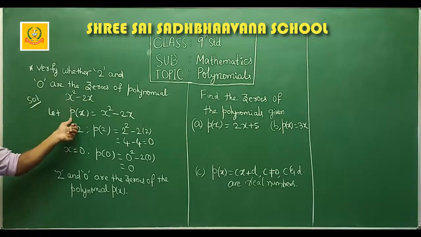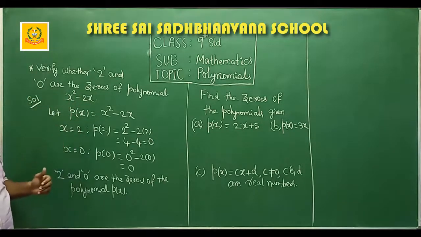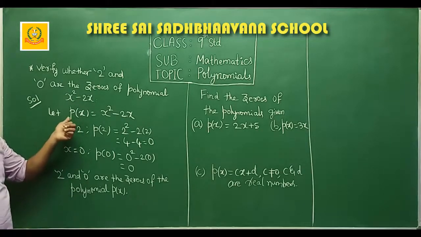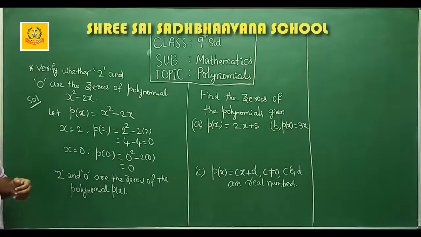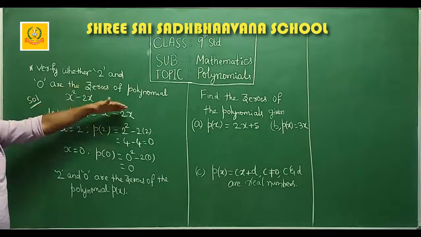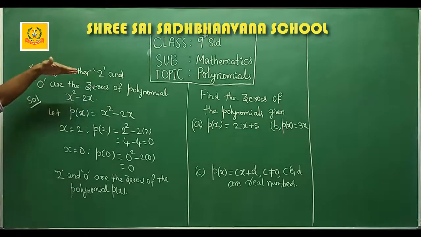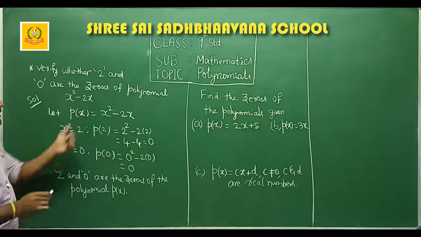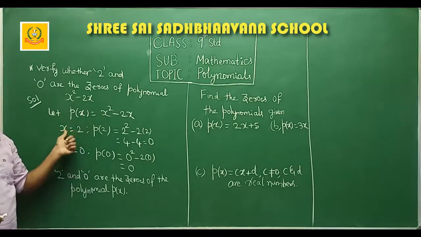It may be p or g or c, any lowercase letter, small letters, we should take to represent a polynomial. How to check whether 2 is a zero of this polynomial or not? You just substitute 2 in the place of x.